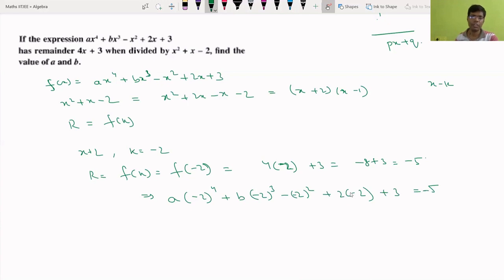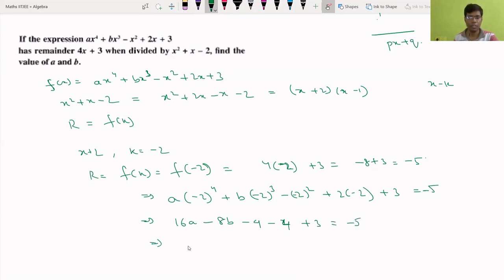This is the relation I have got. Let me simplify it a bit. 2 power 4 is 16, so this is 16a, minus 8b, minus 4, minus 4 again, plus 3 is equal to minus 5.